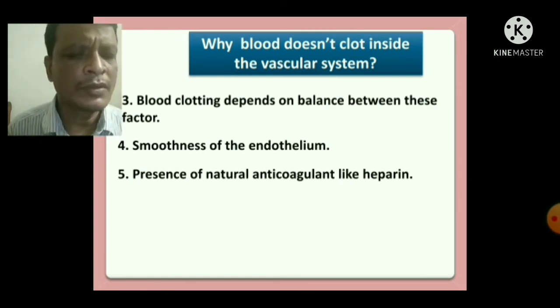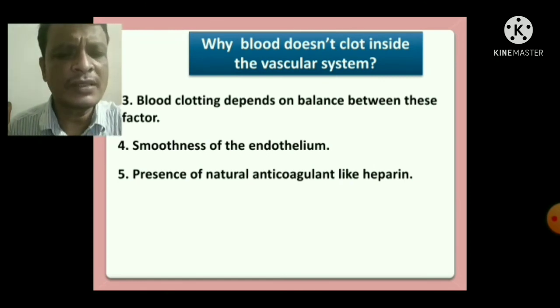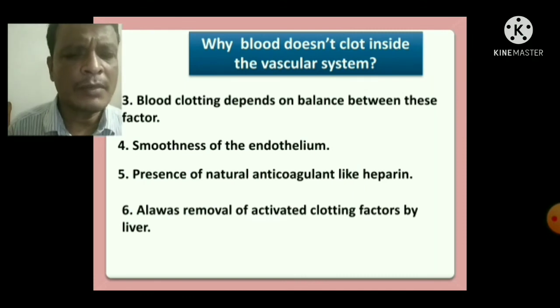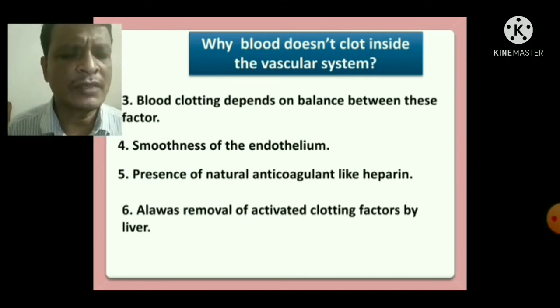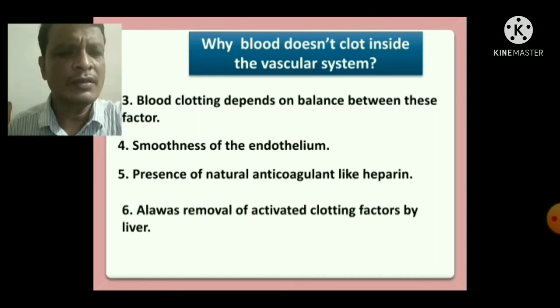It's one kind of granulocytic white blood cell. And number six, the constant removal of activated clotting factors by the liver. These are the most important factors. That's why blood does not clot inside the vascular system.